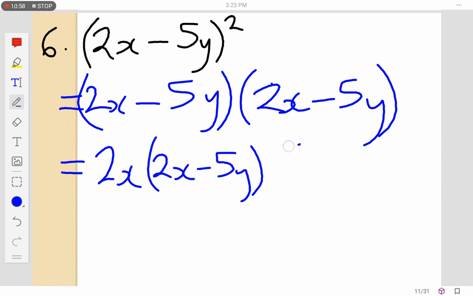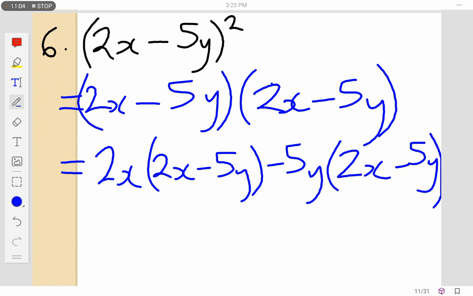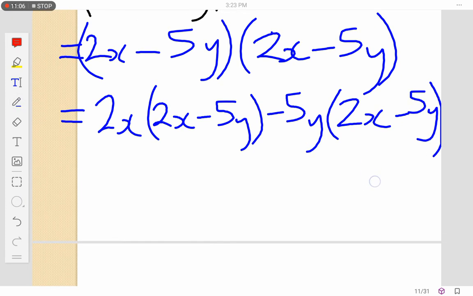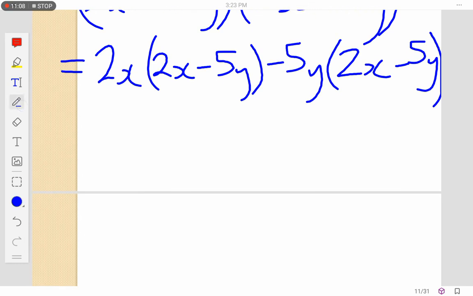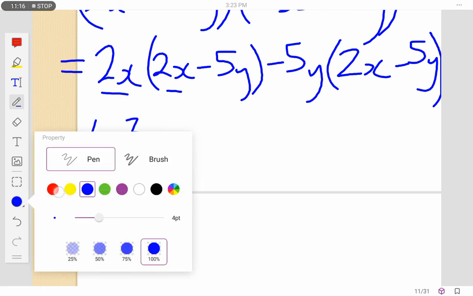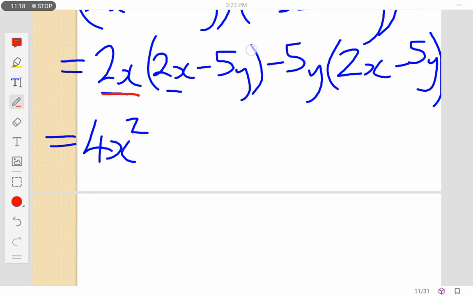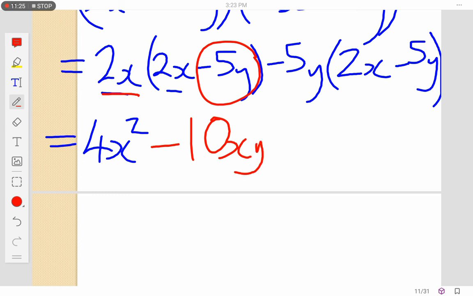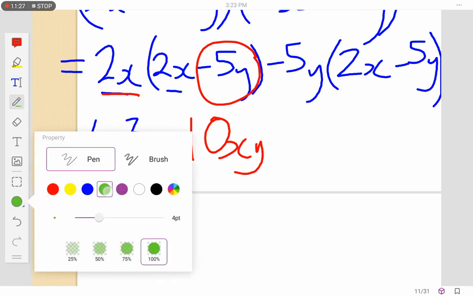Then I've got minus 5y multiplying 2x minus 5y. Let's simplify. 2x times 2x, I'll get 4x squared. 2x times minus 5y, there I'll get minus 10xy.